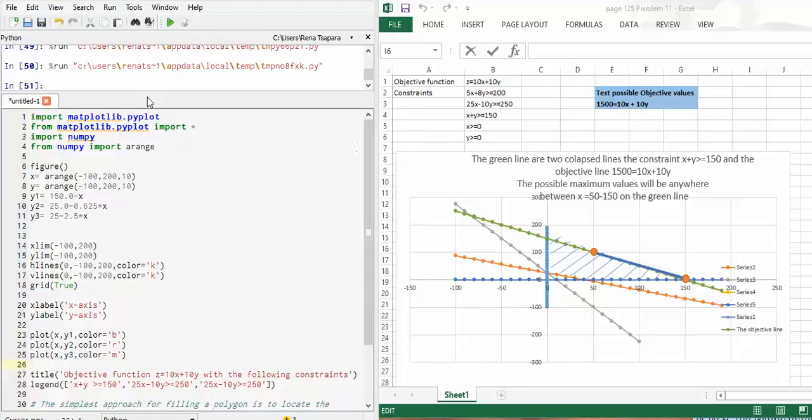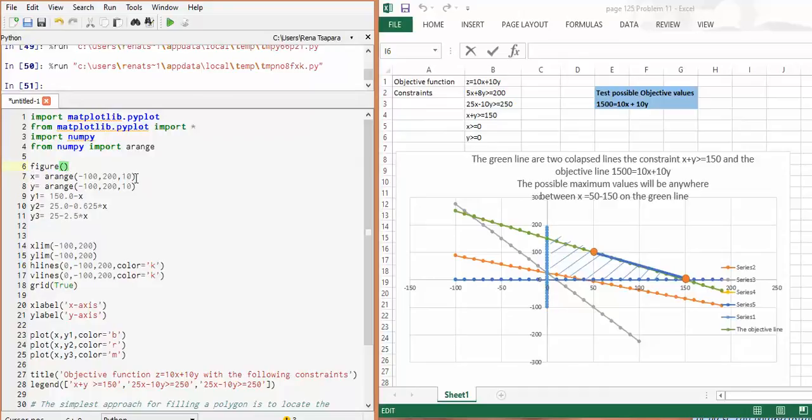The first thing that you need to do is to import the matplotlib library and import all the functions from the library. Then import the numpy library and import the arange function that will help us to set up our graph. The first thing that we do is to define the figure, the file that we will save the graph. X is equal to arange(-100, 200, 10).